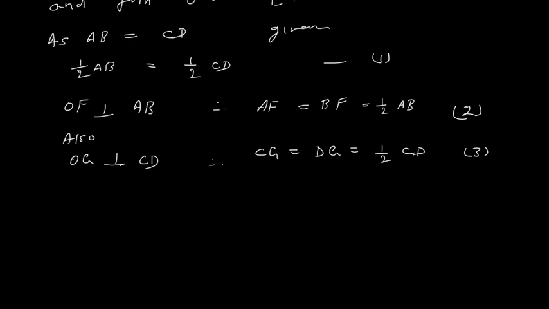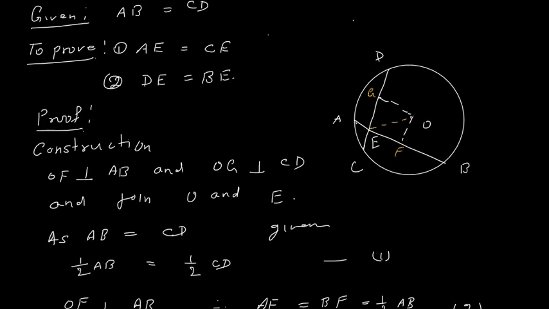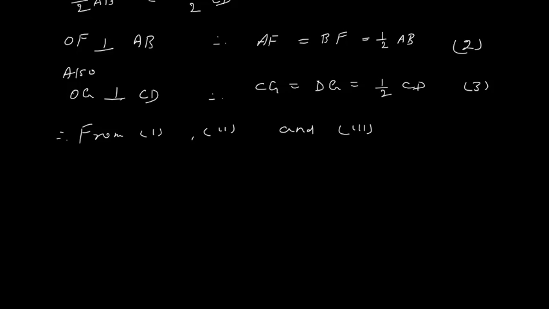So from 1, 2 and 3, if we consider all these three statements, we get AF is equal to CG. I will consider this as equation number 4. This is from 1, 2 and 3.